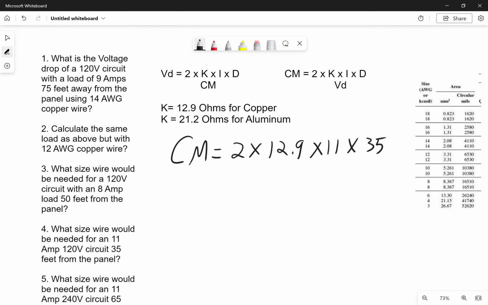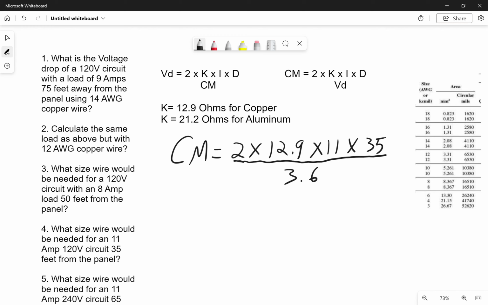We have a wire coming back that completes the circuit. So it's not 35 feet, it's twice of 35 feet, but that twice is already built into the formula. That's what that 2 stands for in the formula. It is doubling the distance. And so we put all of that over our allowable voltage drop, which is still 3.6.